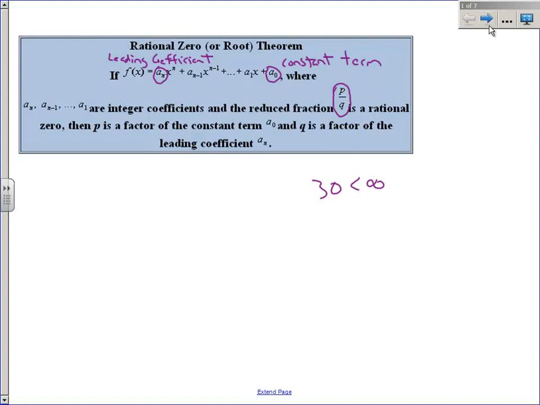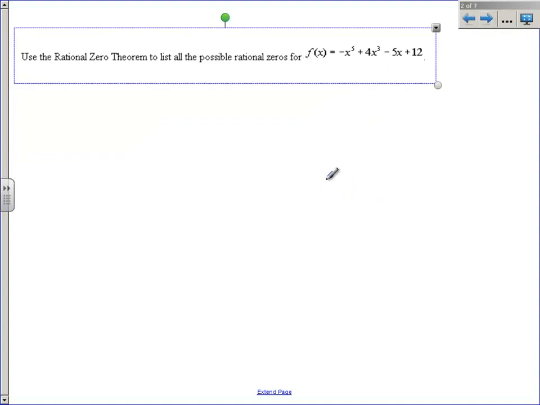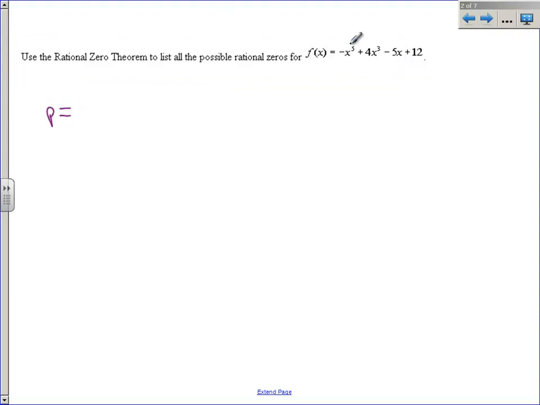So let's take a look at an example. Use the rational zero theorem to list all the possible rational zeros for this function. Now, before this lesson, if I just told you to factor this, you'd be like, well, what number do I try? How do I know what number to use synthetic division for? There's infinite possibilities. You are going to list all of the factors of the constant term, including positives and negatives.